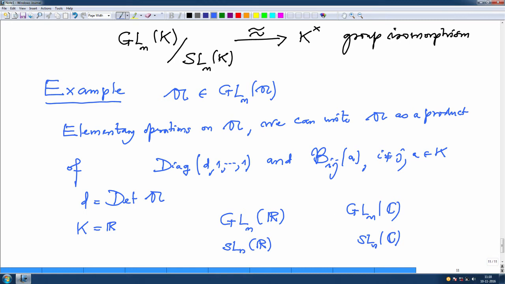If you want to prove, for example, that GLN C is connected, you use this statement, which makes it very neat to check, because you connect only the elementary matrices, and once you connect the generators, then all elements will be connected, path connected and so on. So this is very important when you study what are called classical groups.